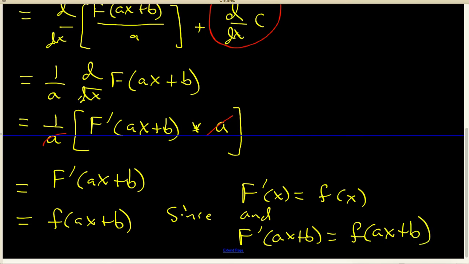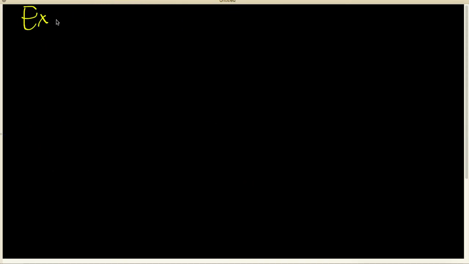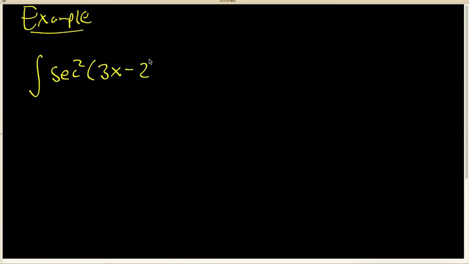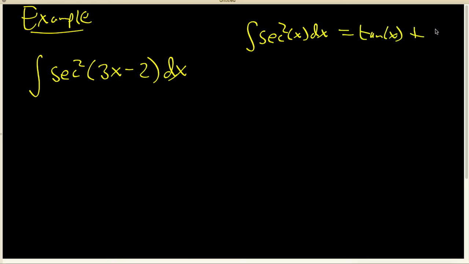To finish up, I want to do an example using this process of undoing the baby chain rule. Suppose I want to find the antiderivative of secant squared of 3x minus 2. Well, I know that the antiderivative of secant squared is just tangent, because the derivative of tangent is equal to secant squared.